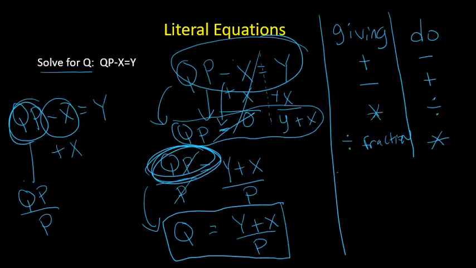Another thing I think would be useful is when you're dealing with fractions. When you have a fraction, you've got to multiply, right? Let's do a 7 up here. Okay, so when you have a fraction and you have to get rid of the fraction and turn it into a whole number, you can only mess with the bottom number.